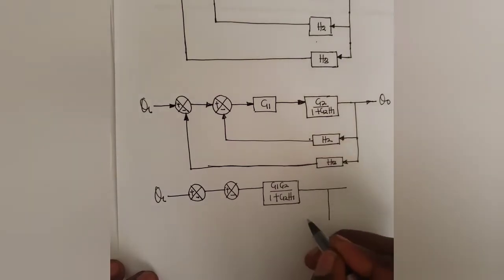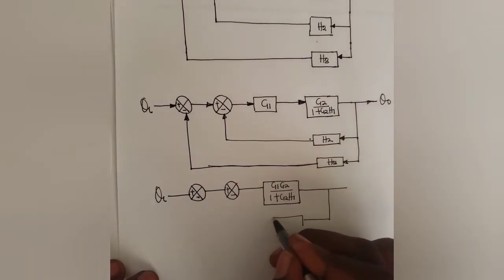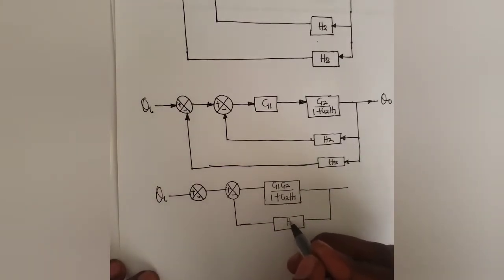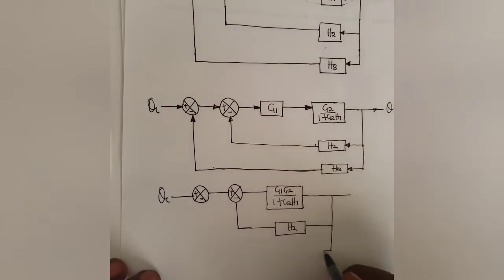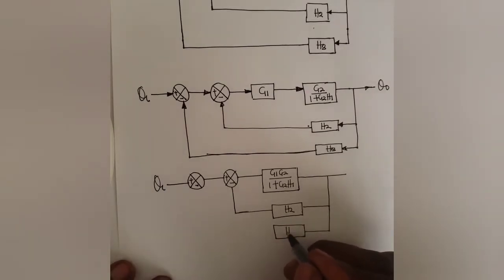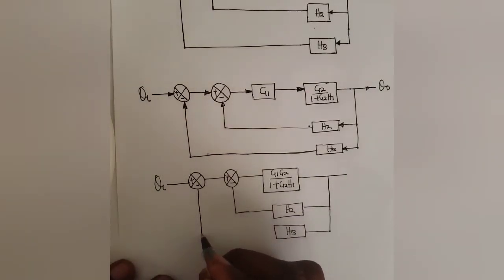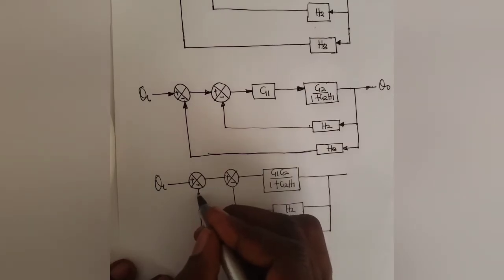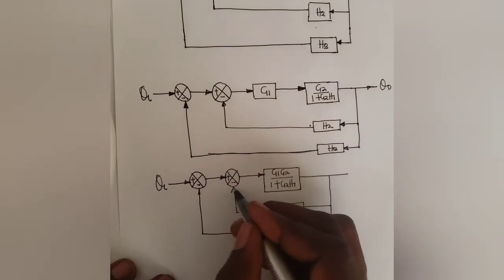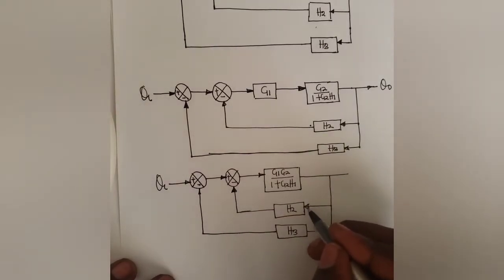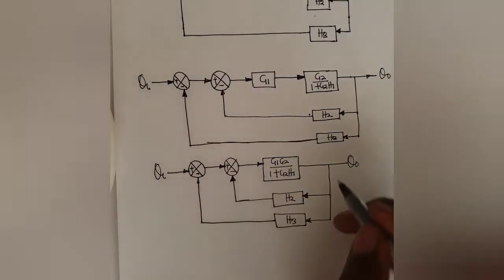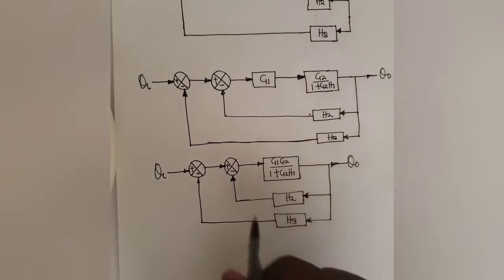Now then I have my H2 feeding this, and at the same time I have my H3 now feeding this. Make sure they align and touch each other. So this and this, then we have our output signal, just like we have this now. You can see it has reduced.